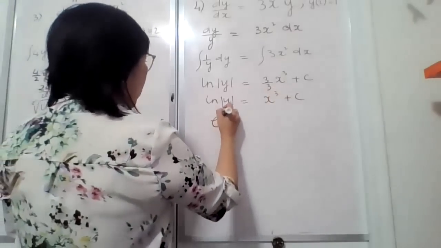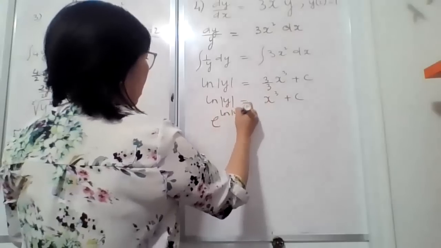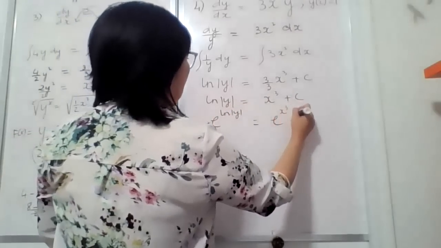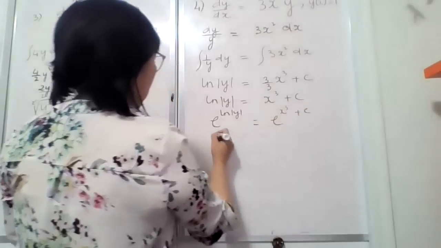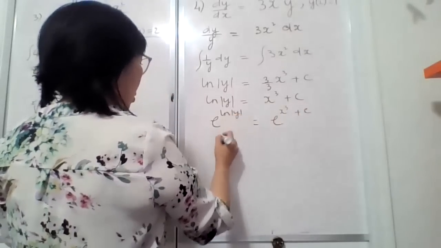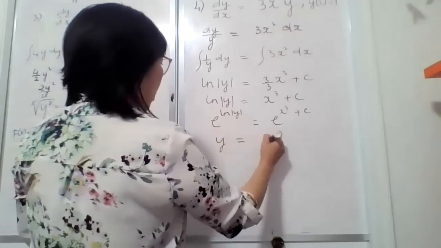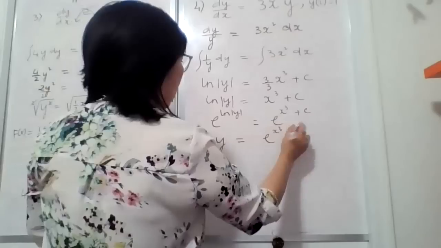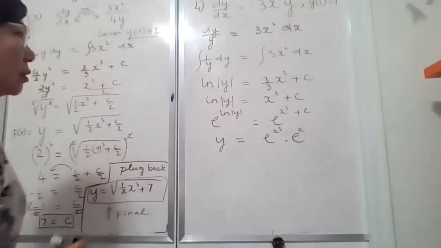Now I'm going to raise both sides by the base e, right? e to the x to the power 3 plus c. So e to ln y equals e to the x to the power 3 times e to the c.